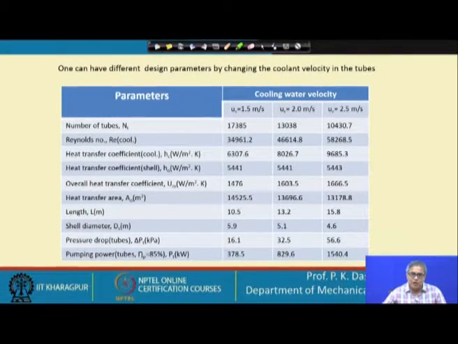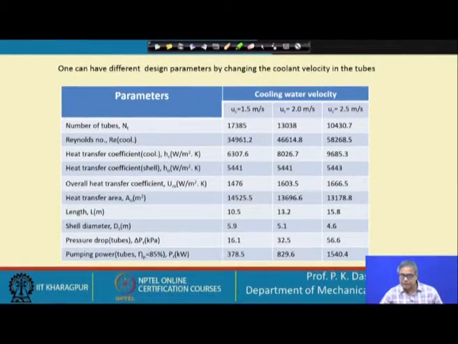One is 1.5 meter per second, one is 2 meter per second, for which the calculation has been presented over here, and another is 2.5 meter per second. We have calculated the number of tubes, and you see as the velocity increases, obviously the total water flow rate is the same, so the number of tubes will reduce. Then there will be a certain change in the Reynolds number.